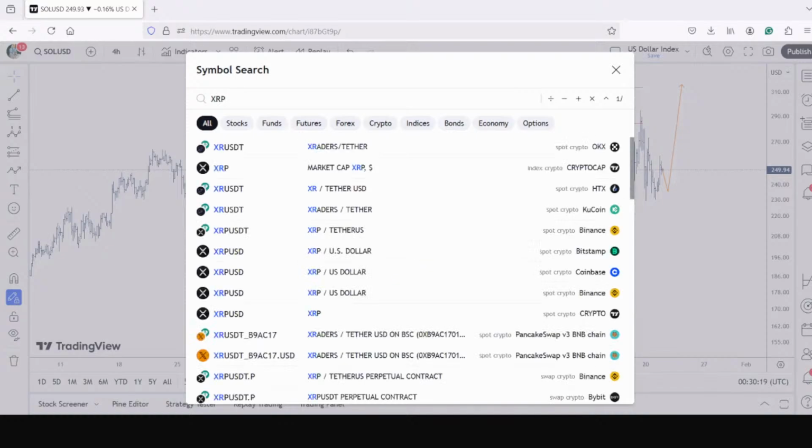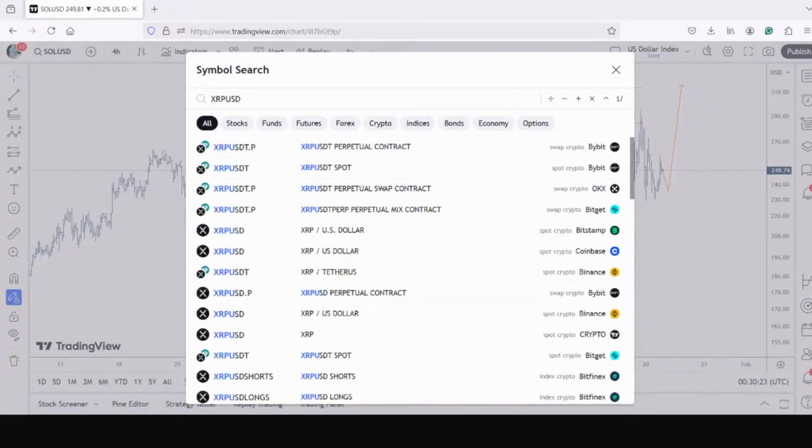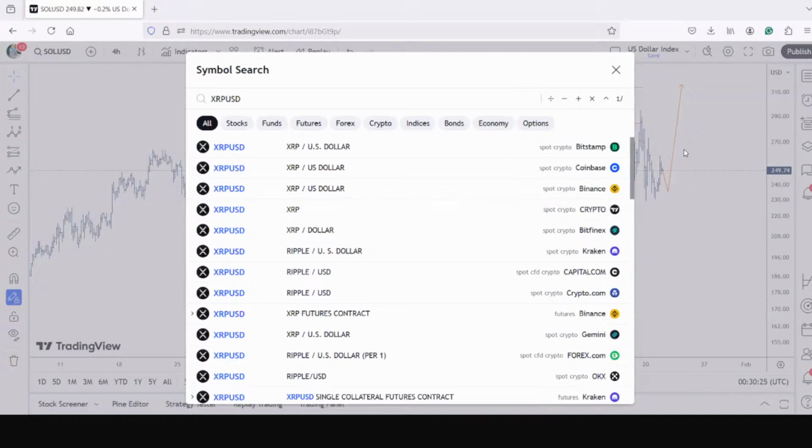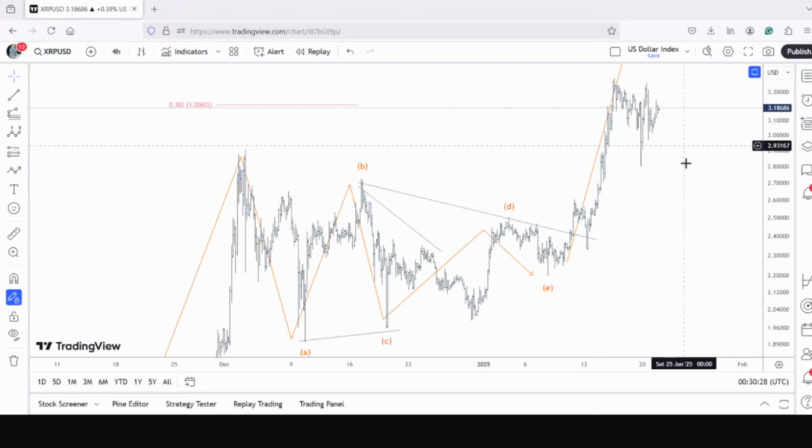Now we've got Ripple. Again, the same old story. That's a consolidation wave four in the making. Now could be a wave four of four, or could be that is wave one.